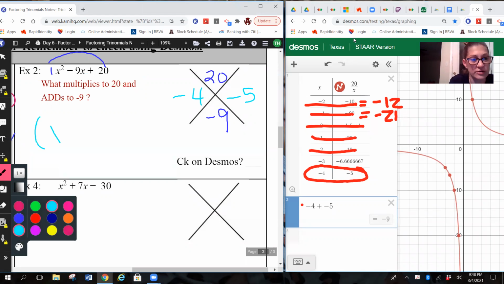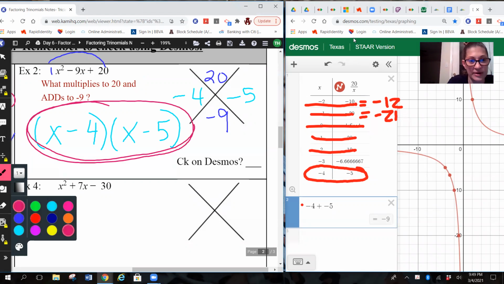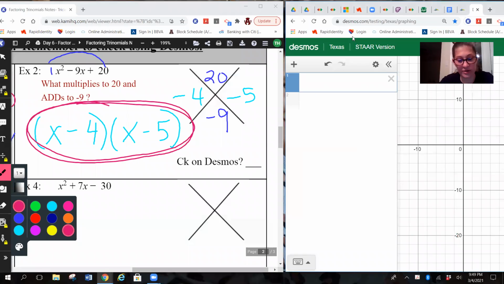So my answer, I have to factor this, is x minus 4 times x minus 5. This is my answer. We want to check it on Desmos. To check your work, you type in the original question.